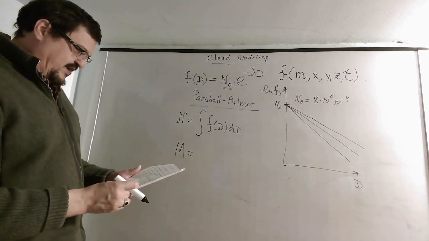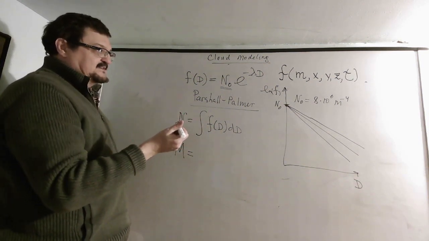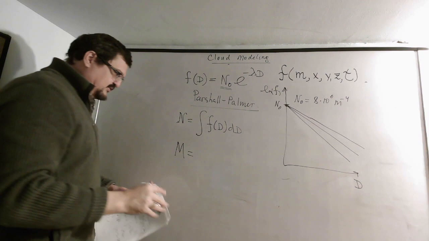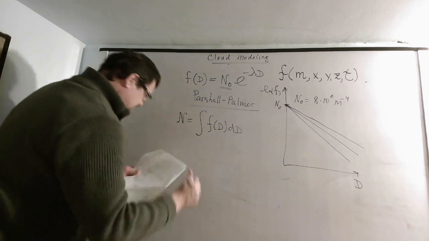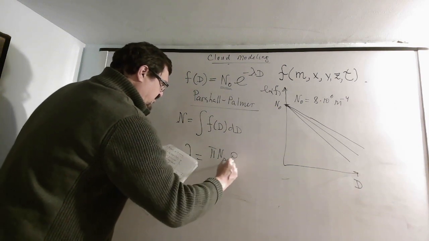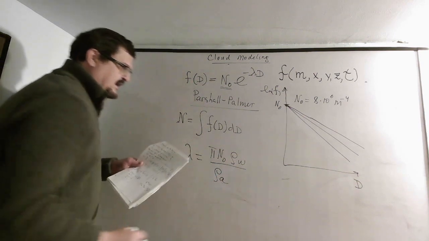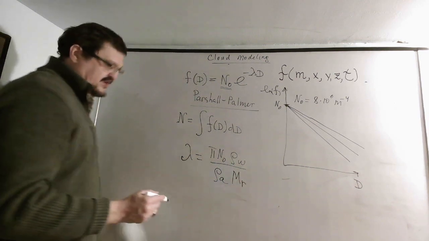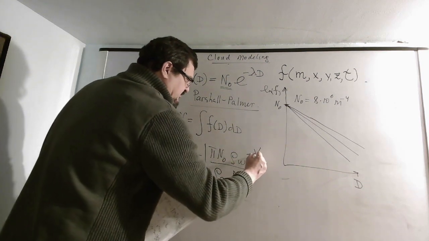If you integrate using the third moment, which is mass, the third moment as a function of d, then you can compute, I'm not going to do it, but you can do it yourself easily, that lambda equals pi n naught rho water, density of water, over density of air, times the mass of rain, or mixing ratio, to the power of 1/4.